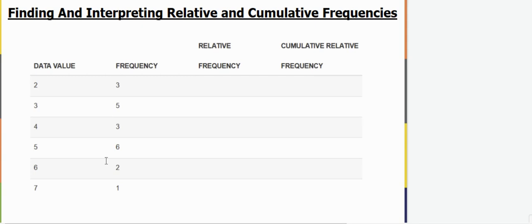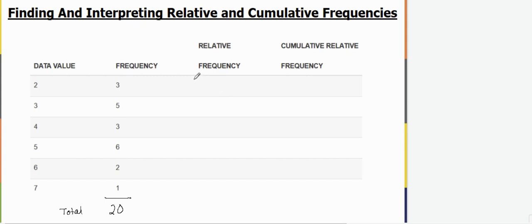And from there, we can see that our total frequency in this case is 20. So now we know we can divide all of our other values by 20 to get our relative frequencies.